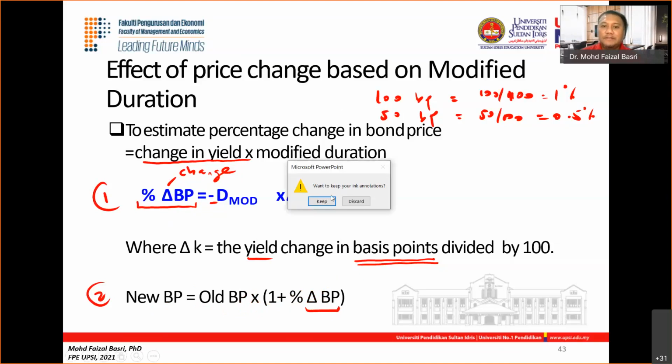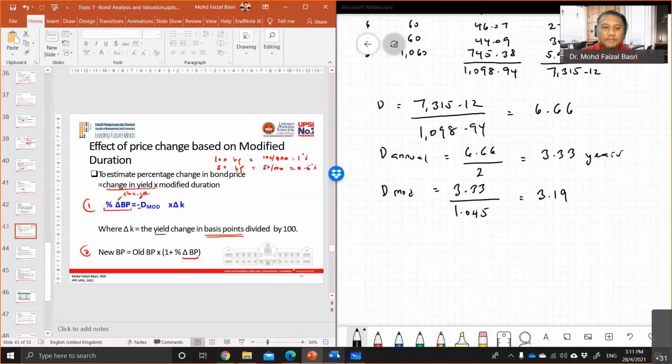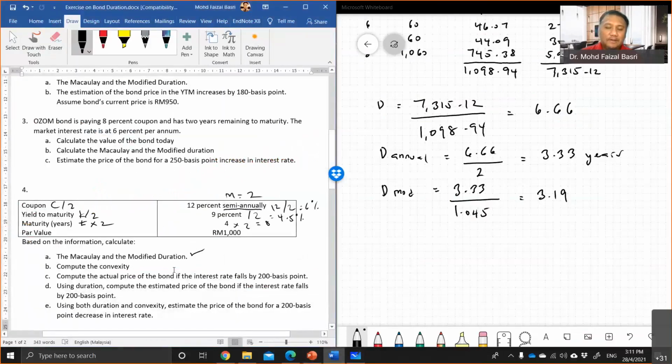Okay, so we get this idea. Now we transfer back to the question, the one related to the percent change of bond price based on duration. I want you to focus on question 4D here, because the question asks using duration. So far we've done the Macaulay and also the modified duration, so therefore we are using the duration process.